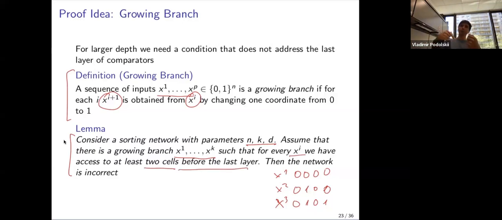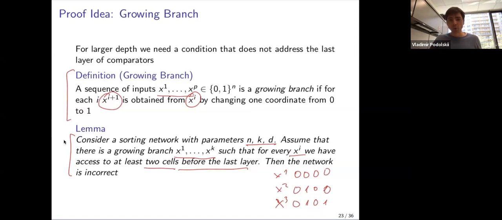Note that on the previous condition, for depth equal to 2, it was enough to have 2 cells before the last layer going to different comparators. Now we want something more advanced. We want 2 cells, not necessarily going to different comparators, but we want to have access to them for each input in our chain, in our growing branch. That's the condition, and then the network is incorrect.